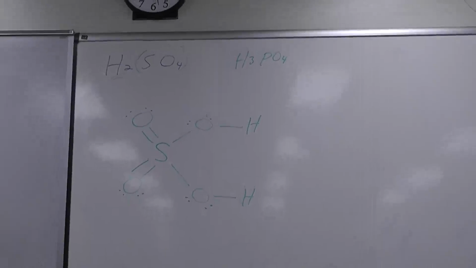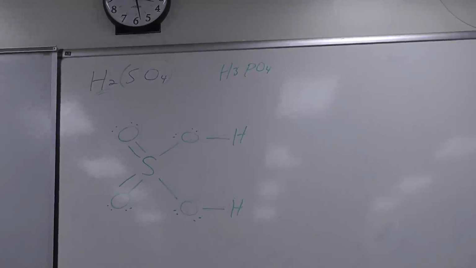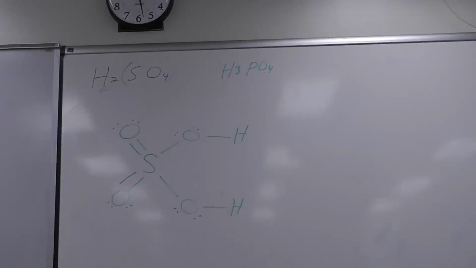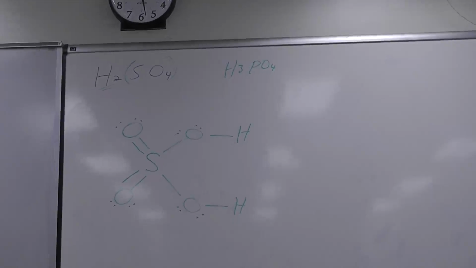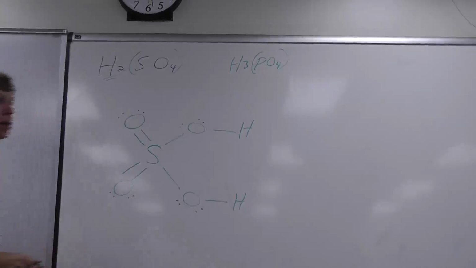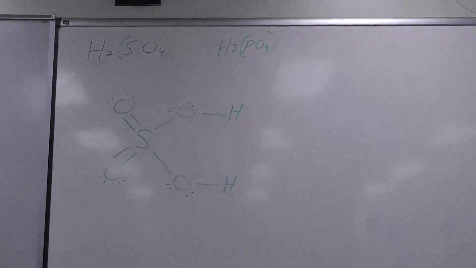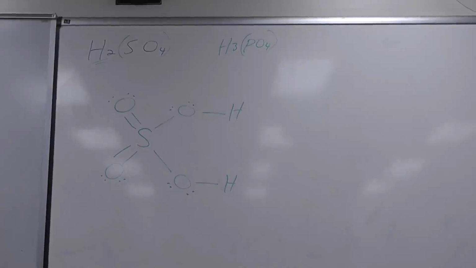Because that phosphate or sulfate, that's a polyatomic ion with hydrogens on the perimeter. There will be an ion in there that you should recognize. Maybe you don't necessarily recall the name of it, but you should recognize that as a polyatomic ion. And then you put the hydrogens on the perimeter.